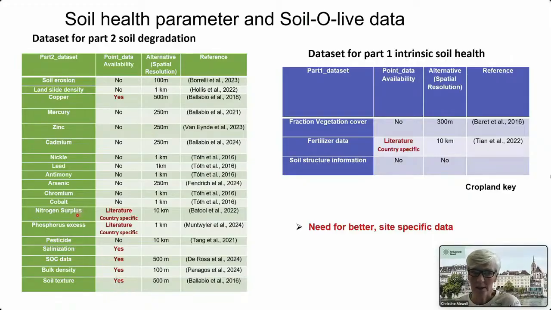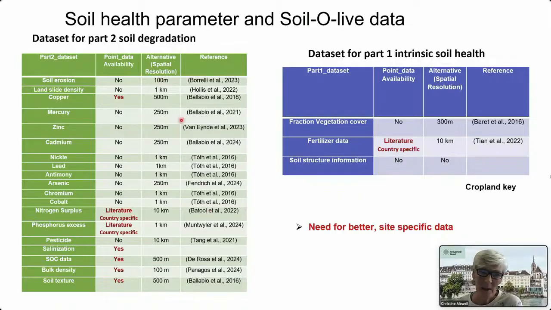For nitrogen and phosphorus surplus, we used literature data, what usually is used according to management type: traditional, intensive, extensive, or organic use. And for all the others, we actually had to rely on published maps.